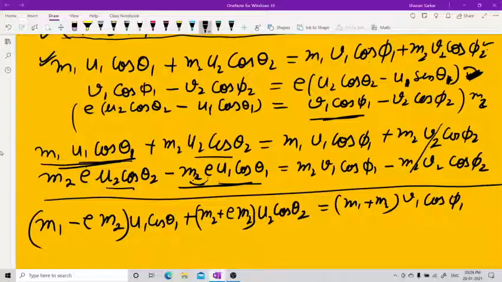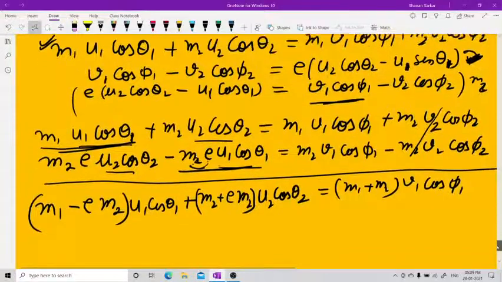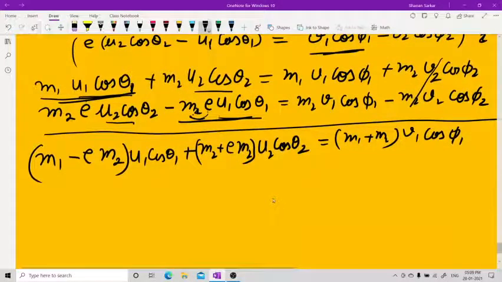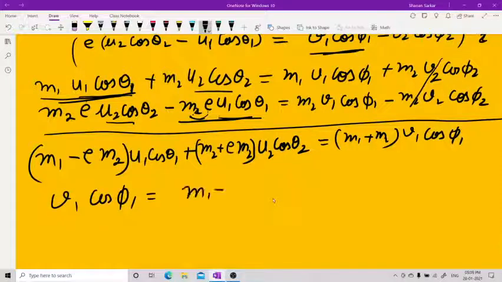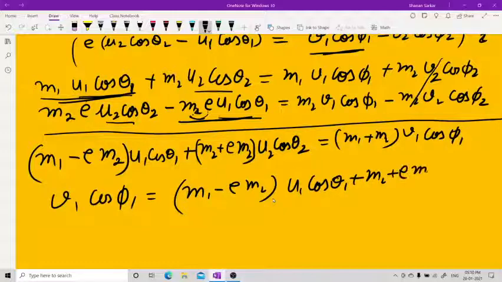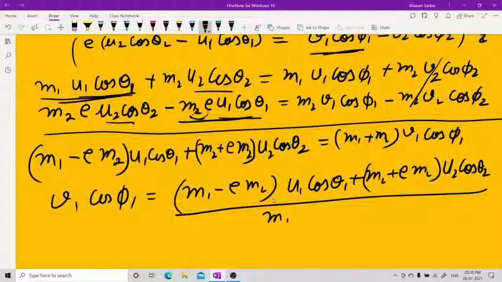Now I want v1 cos phi 1. v1 cos phi 1 comes out to be [(m1 minus e m2) u1 cos theta 1 plus (m2 plus e m2) u2 cos theta 2] by (m1 plus m2).